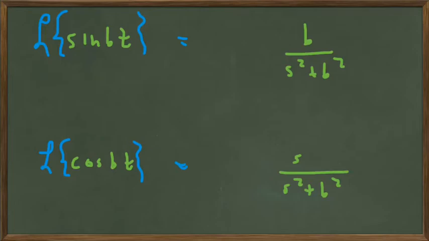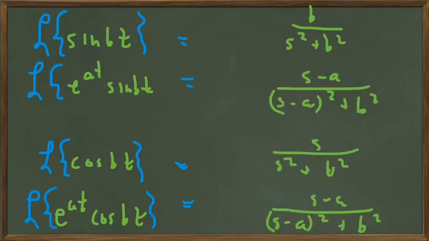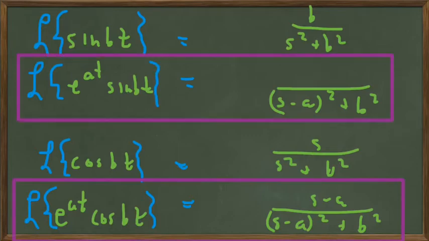And so let's add to these two results the two additional results we get when we shift both of these by multiplying sine by e to the at, or cosine by e to the at. So the transform of e to the at sine of bt, and of e to the at cosine bt, is going to give us these two new transforms here, here, and here. And so let's designate what the difference is between them and the ones above.